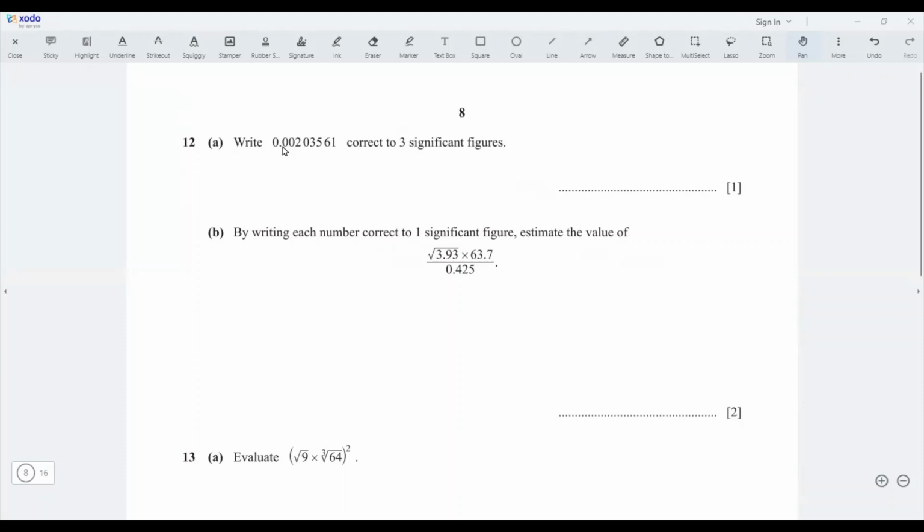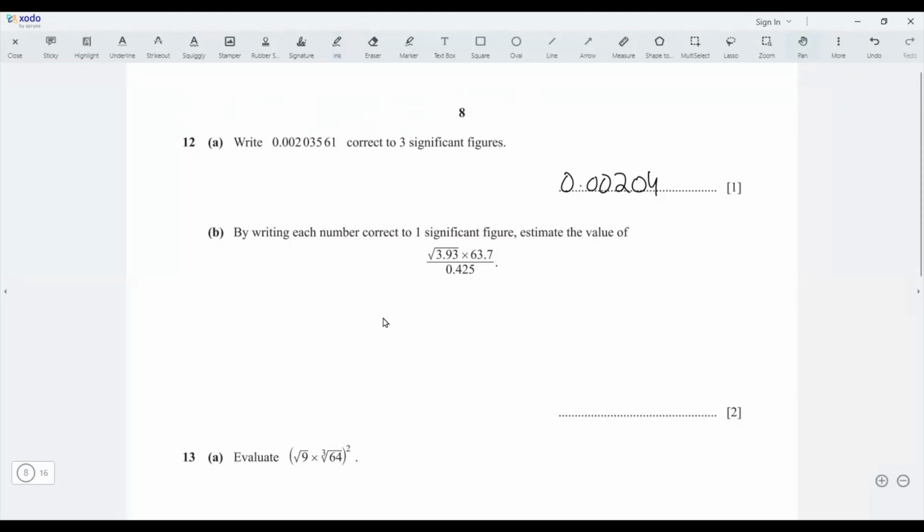So this is the first 0.00, and then the very first significant figure is 2, and after 2, a zero in between non-zero numbers is significant. This means that this 0 is also significant. It will be the second significant figure, and third will be this 3. After that 3, it is 5, so we have to add 1 to that 3. It becomes 204. 0.00204 is the answer.